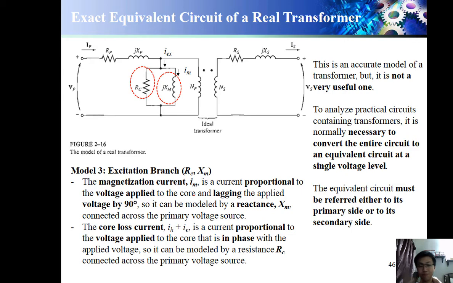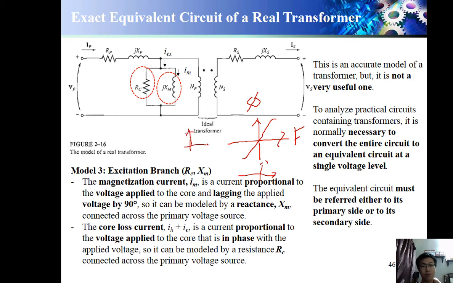If you still remember, magnetizing current is used to describe the flux path, the flux versus the MMF. It is like this. Then we have a magnetizing current here. Then we have an applied voltage here.